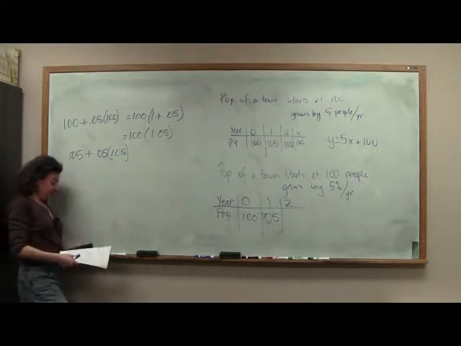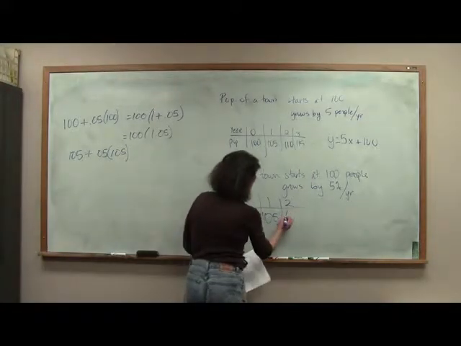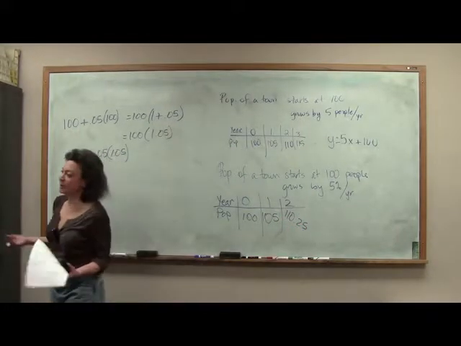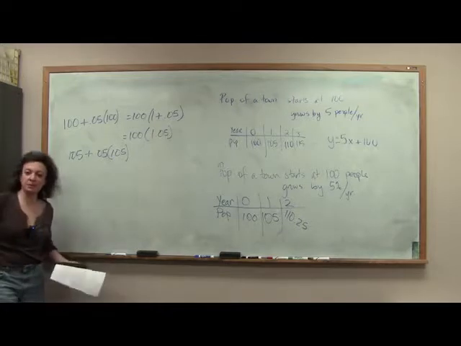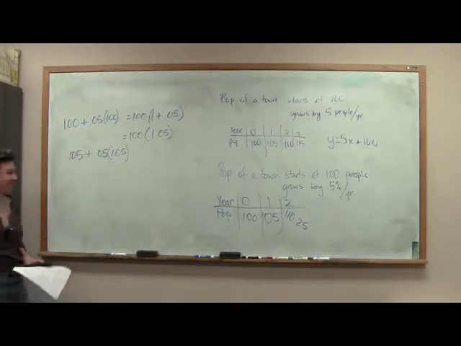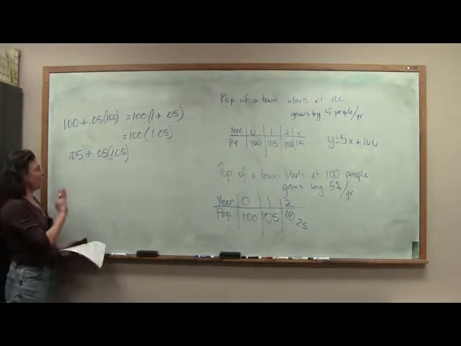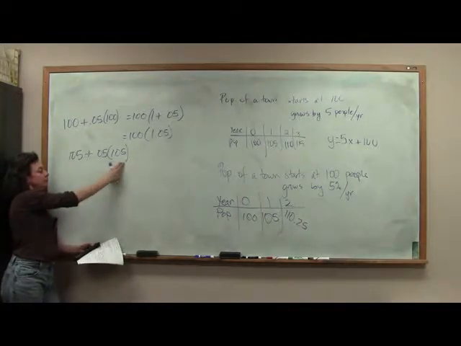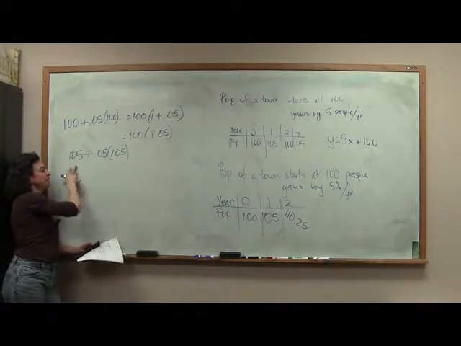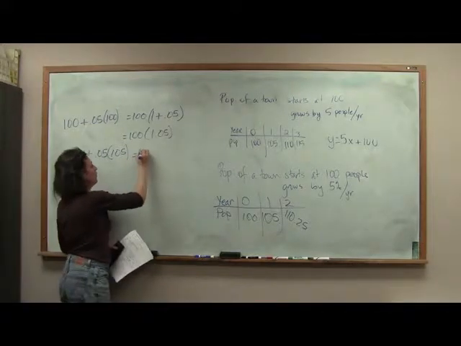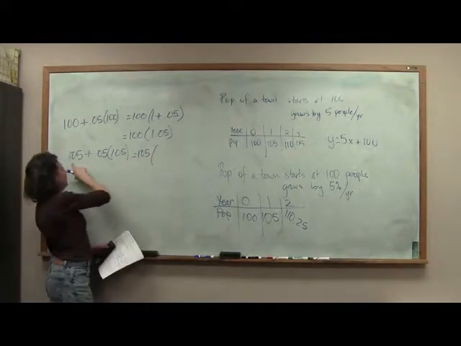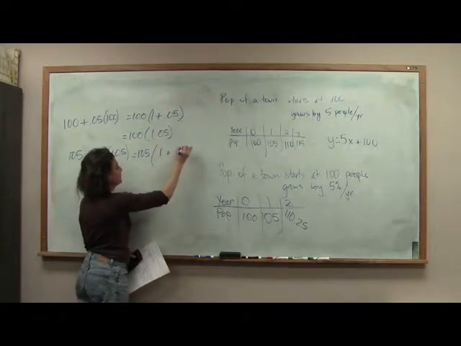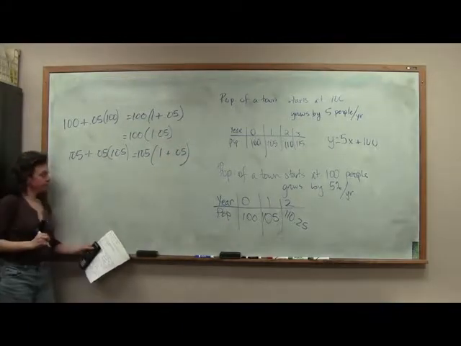So, in case you really care, we're going to have 110.25, okay? What's a quarter person? Well, I guess the baby wasn't fully born by the end of the year, okay? But that's not the point that I'm getting at. Let me show you something. Let me show you how we can factor this one. Again, we could pull out 105, and if I do that, I claim I'm left with 1 plus 0.05. Okay?